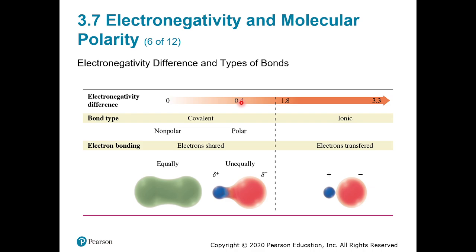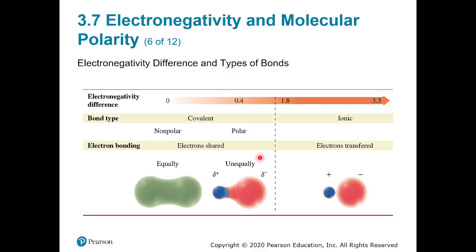Because up to 0.4, there's so little difference that it doesn't really matter. And so we typically call those nonpolar covalent bonds. Once it gets to 0.4 up to before 1.8, those are considered polar covalent bonds. We'll have two ends, one negative, one positive. And those are polar covalent bonds.